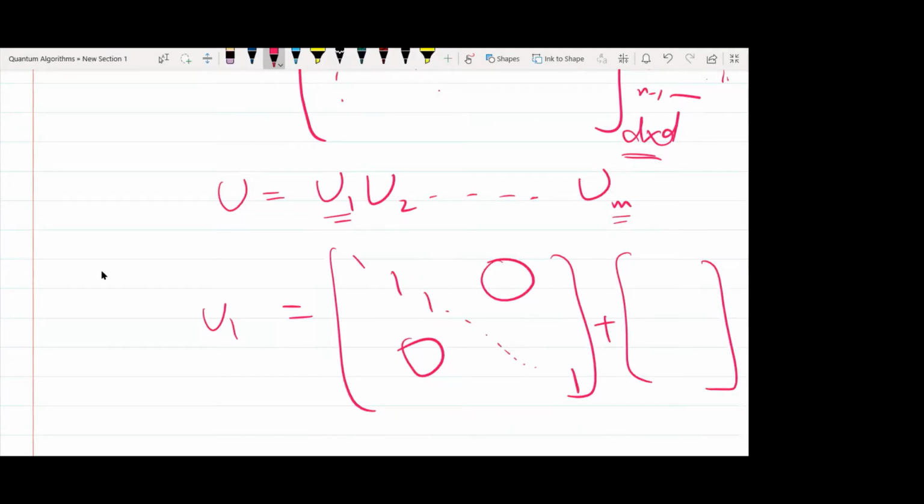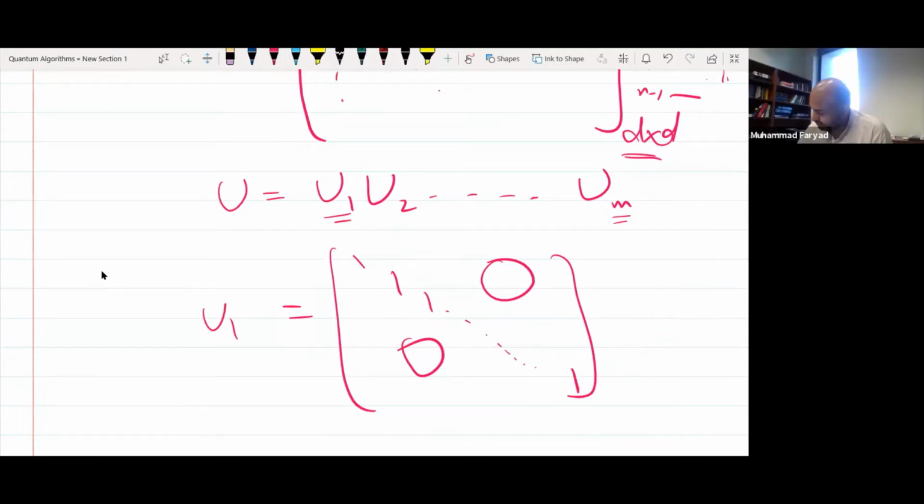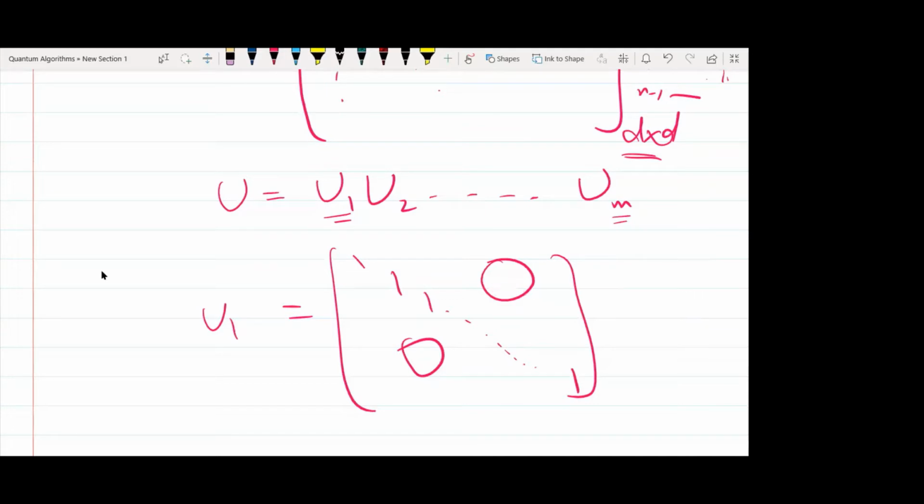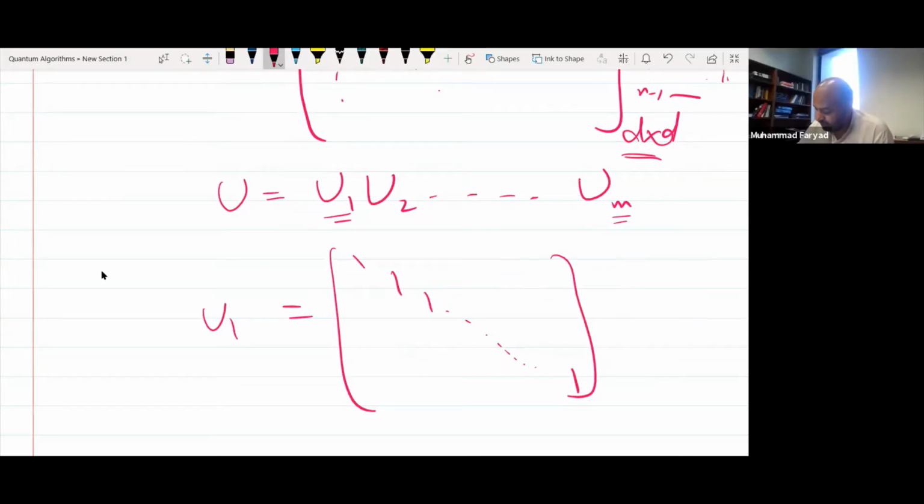Let me give a particular example right here. Suppose I have some A here, B here, and some C here and some D here, something like this.